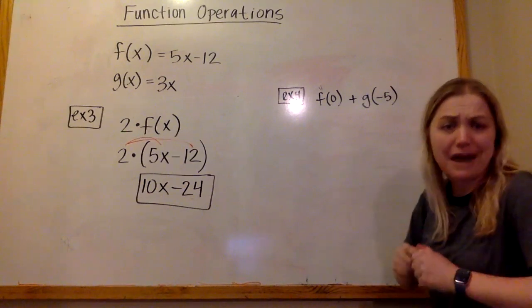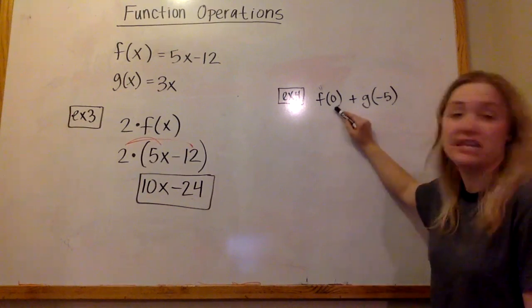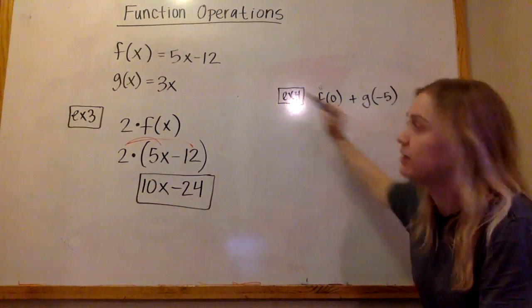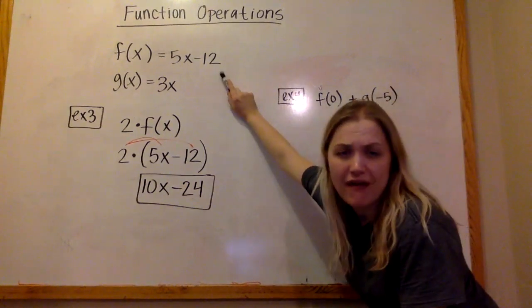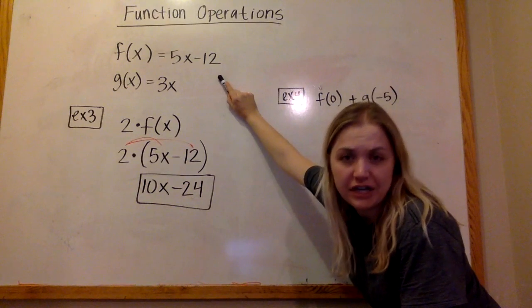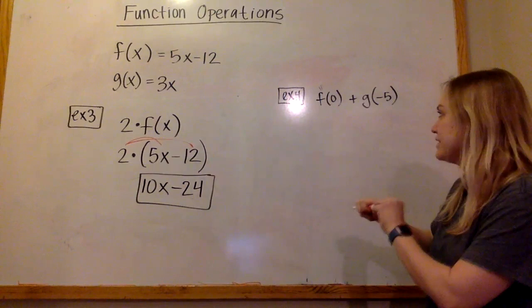Oh my goodness, I got rid of the x's. Well, if I got rid of the x's, that means new things have to go in the place of x on the original equation. So f of 0, wherever there's an x up here in the f equation, I need to put zeros in its place. So let me see what that looks like.